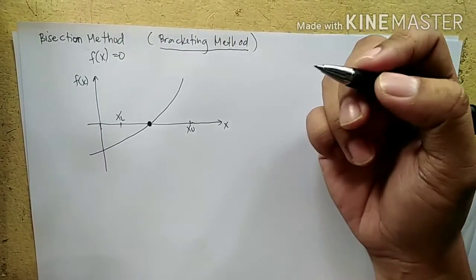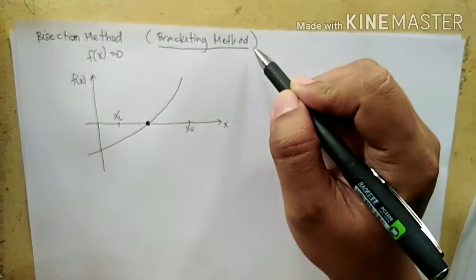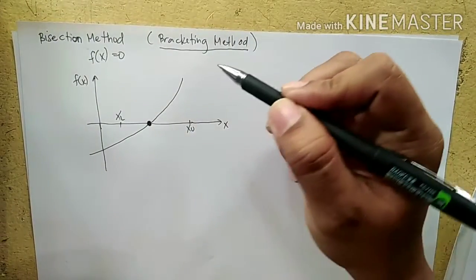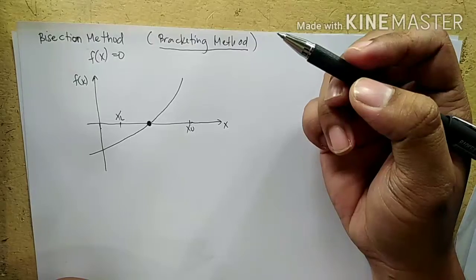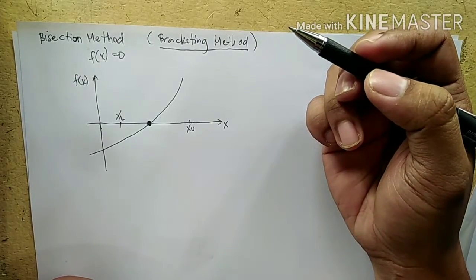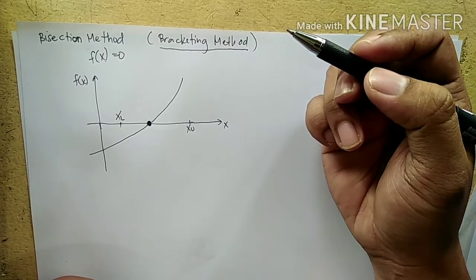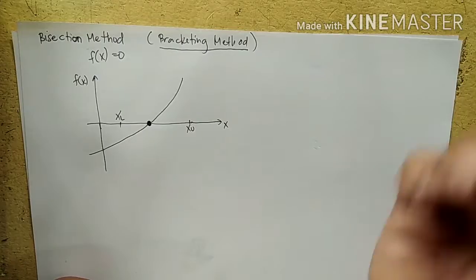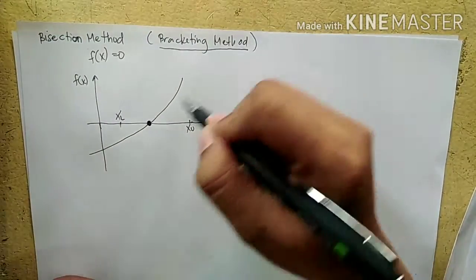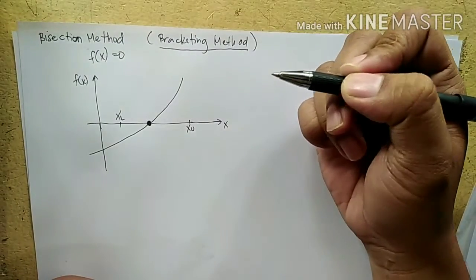So in the bisection method, since we are in the bracketing method, we need an approximate or estimate value, any estimate value. So if you draw the curve, we need two estimates.